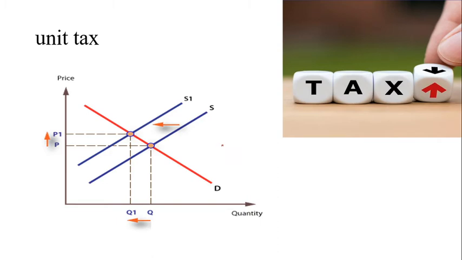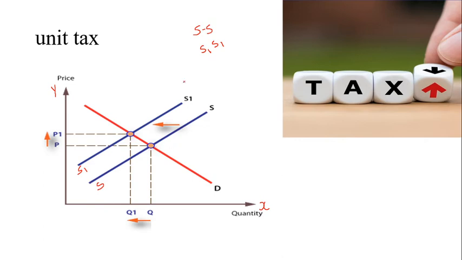So here you can see the graph. On the x axis they are showing the quantity, and on the y axis they are showing the prices. Here you can see the leftward shift of the supply curve. The original supply curve was S, and now it has shifted towards S1.